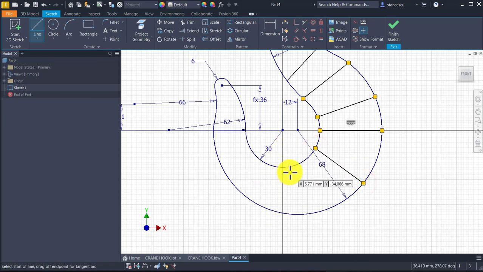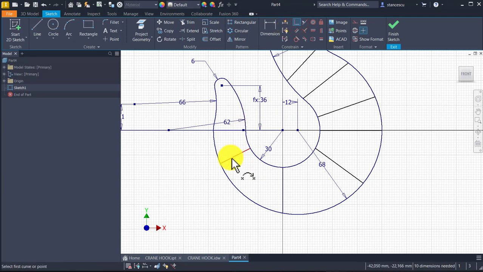This is vertical, this will be vertical, but I place this and I make it vertical with the center point. This is the center point. And the last line is this one.